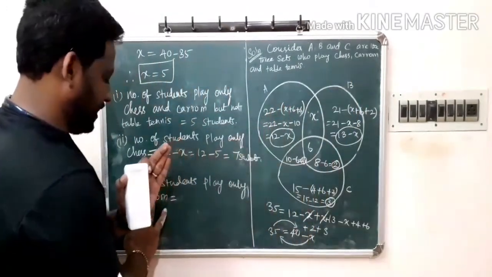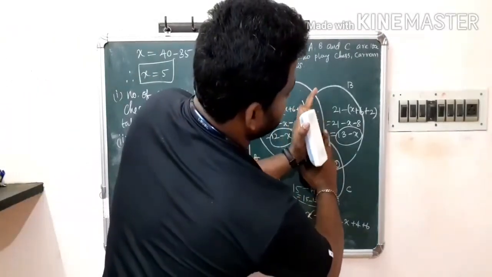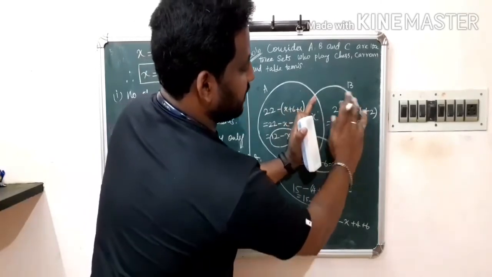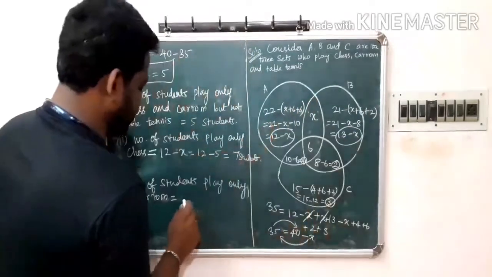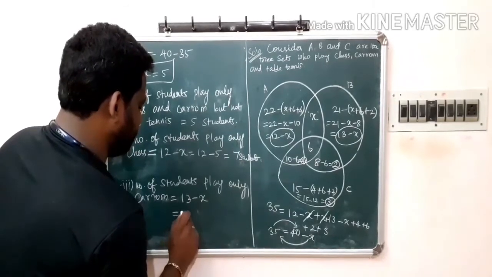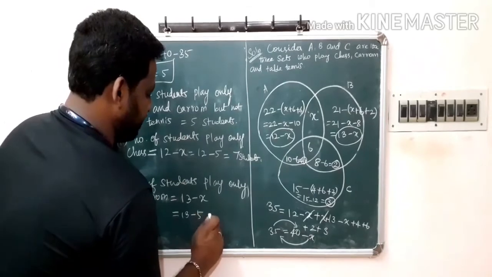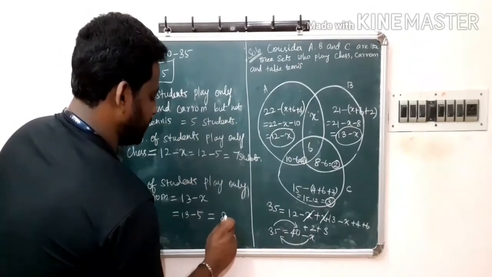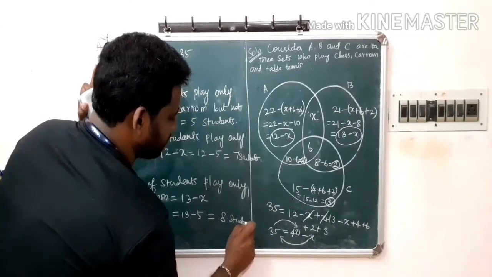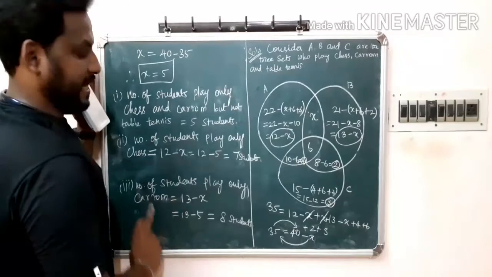We have to find out the number of students who play only carom, which means this part alone. This part alone is taken as 13 minus x. So 13 minus 5, which is equal to 8 students. So 8 students play only carom.